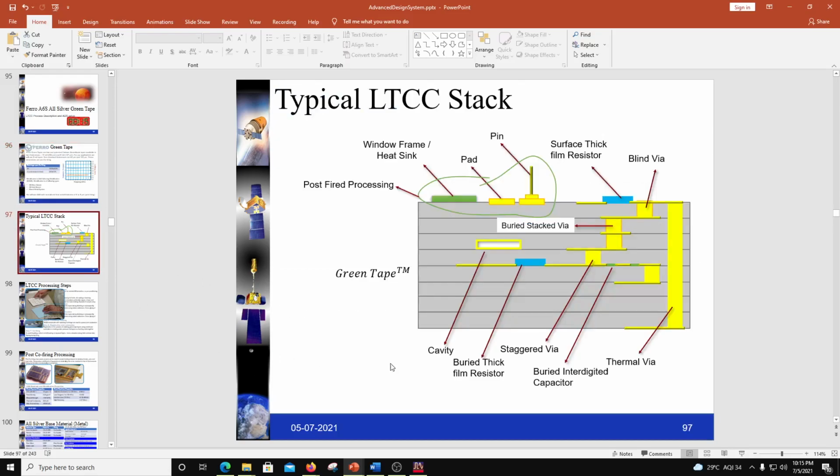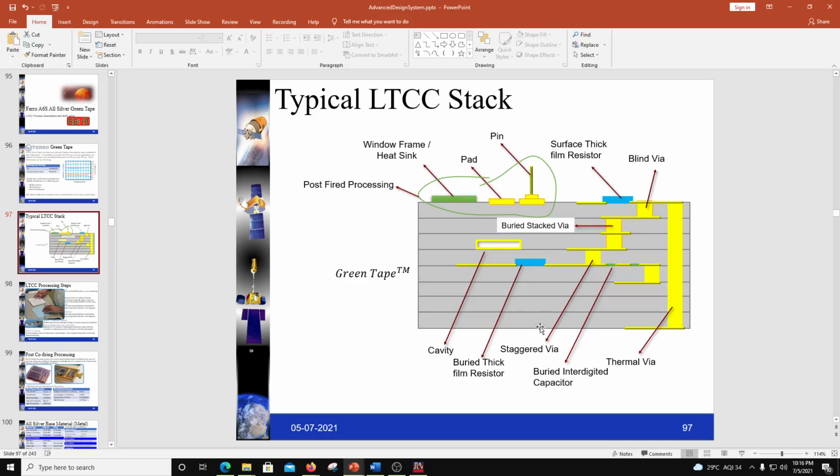So for example, over here there are different stacks of these. This is a cross section. There are different stacks, and then you have punching holes. You can fill in with the paste, and that makes a via. And then you can screen print the circuits. So basically it will be a multi-layer stack-up of LTCC.